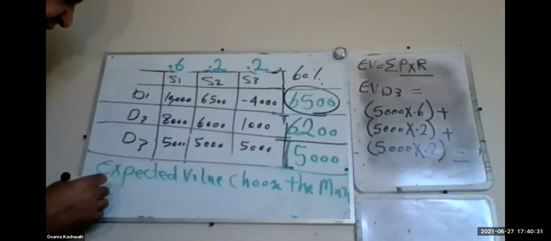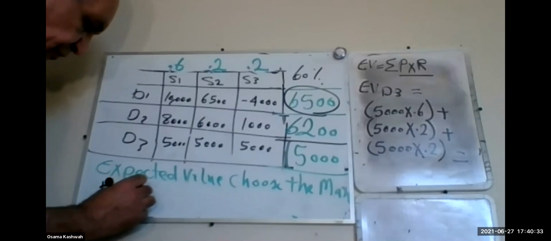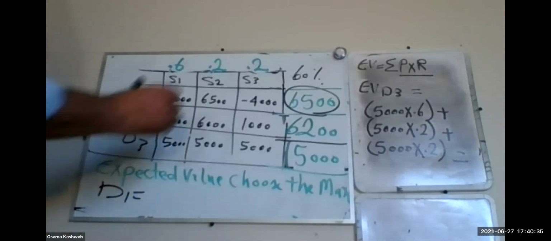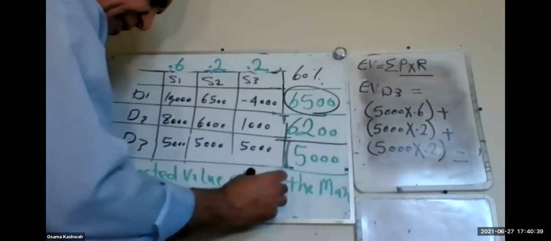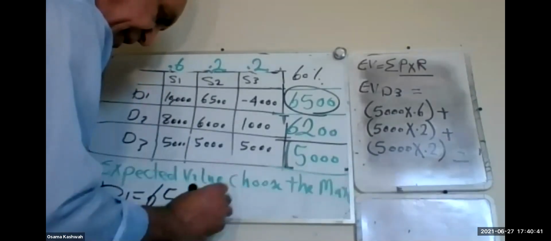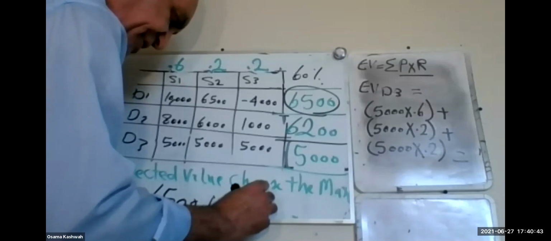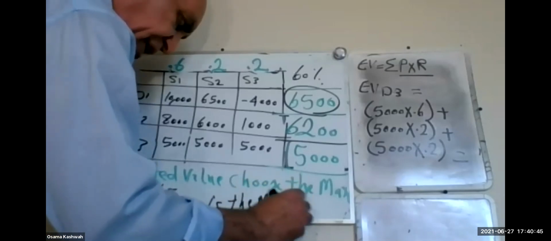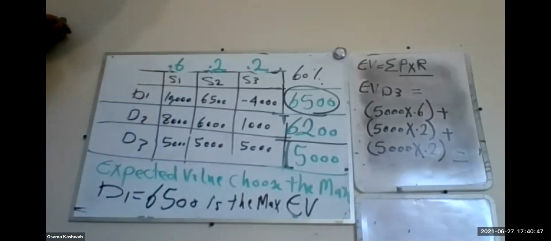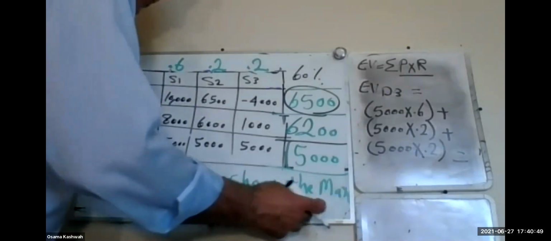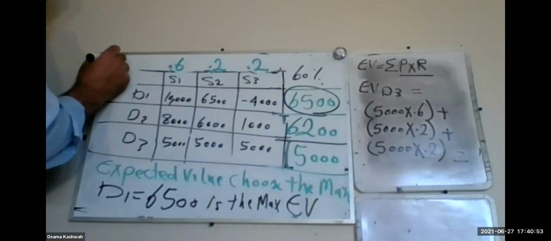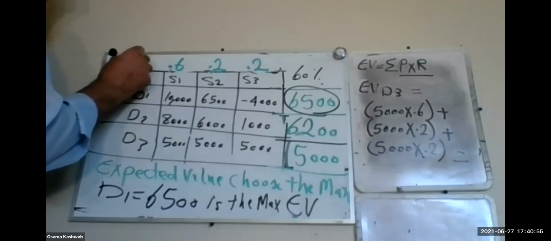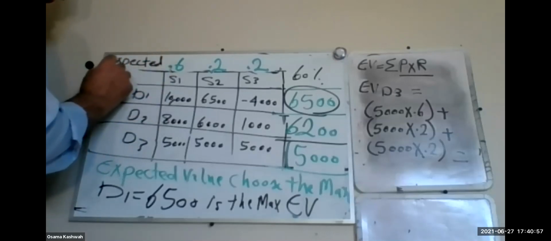Based on this, D1 will be the solution. 6,500 is the highest, the max EV. Max EV means maximum expected value, and this method, like we said, is called expected value.